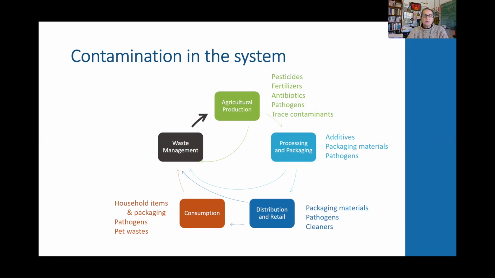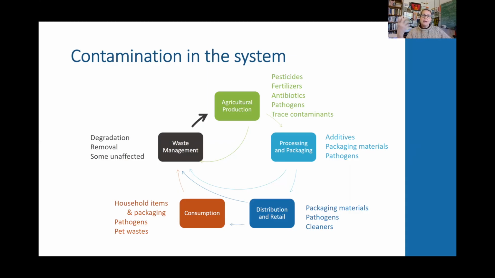At the household level, household items or packaging of other sorts can wind up contaminating the waste stream. Pathogens may be introduced again through storage conditions or contact with other materials, and pet wastes may be included.